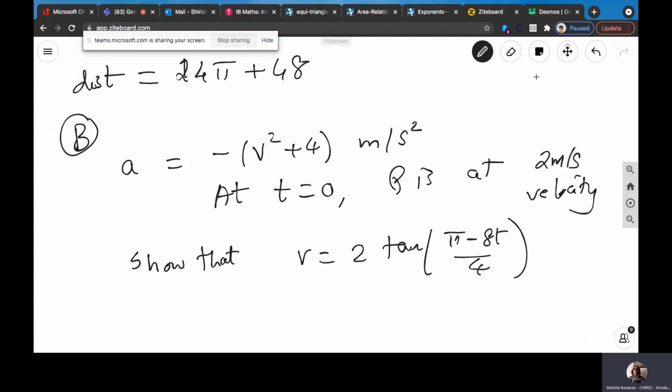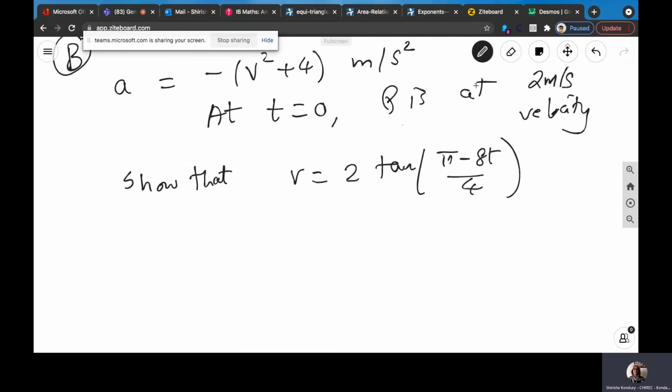So let's look at the expression. Now here, acceleration is given by the derivative of velocity. And the derivative of velocity is, if you look at the expression, minus v square plus 4. So the rate of change of the velocity depends on velocity itself. Right now, we will not solve this problem.